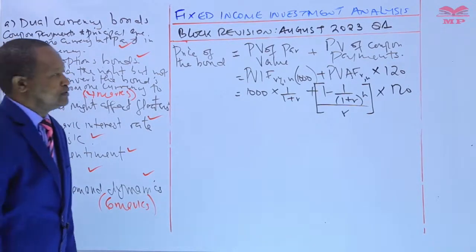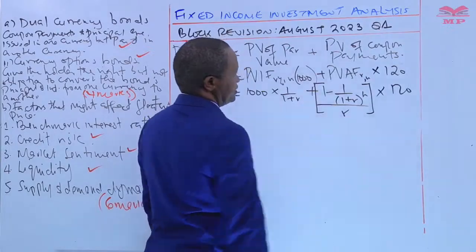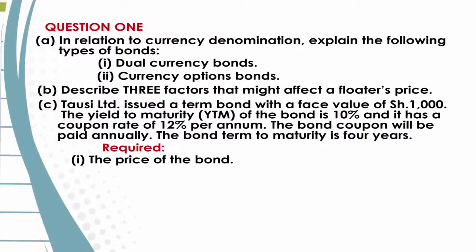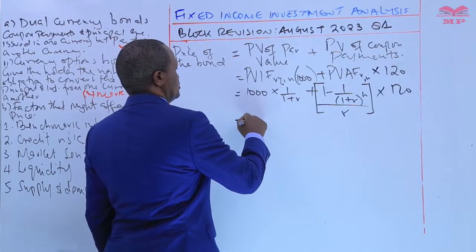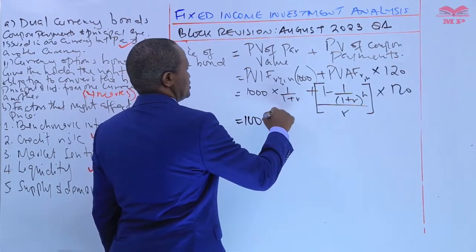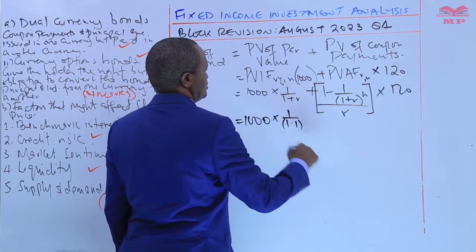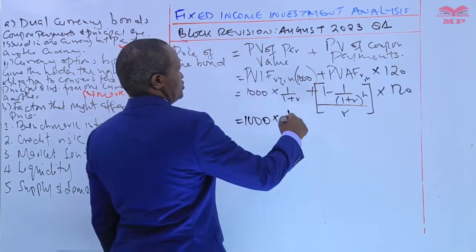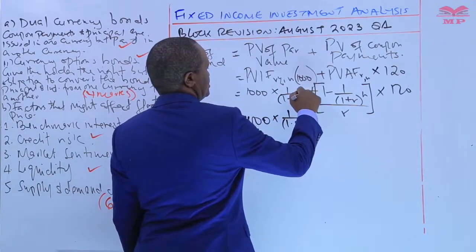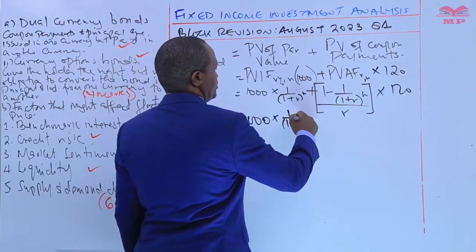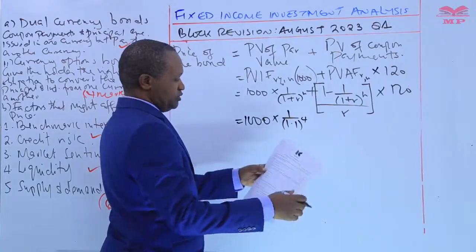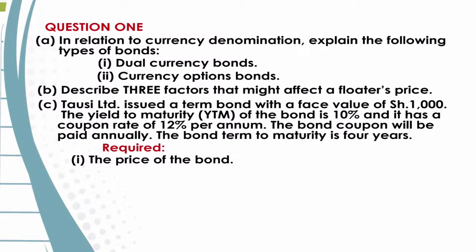You understand? So the r will be the 10%, the yield to maturity. So this will be equal to 1,000 times 1 over 1.1 raised to n, which is 4. That is the period. From the question we read, the bond term to maturity is 4 years.